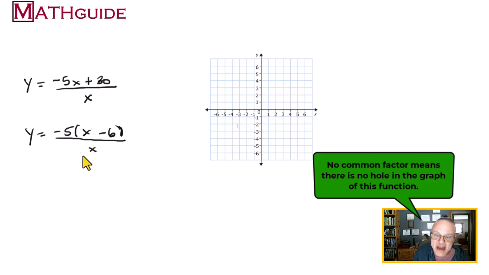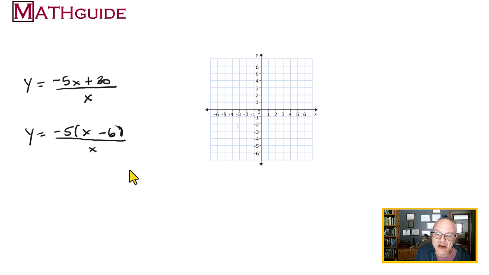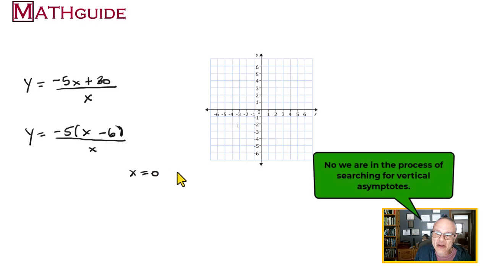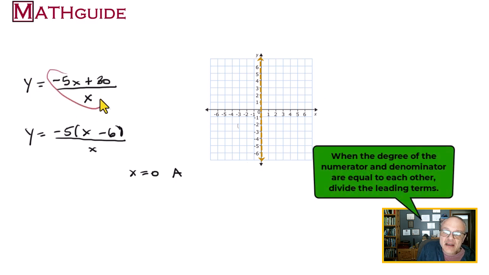All right, now we move on to the next portion here, and we set the denominator equal to 0. If you set that denominator equal to 0, you get our vertical asymptote. There you go. If you ever get the numerator and the denominator the same degree, because that's degree 1, that's degree 1, what you do is take the leading terms and divide them.